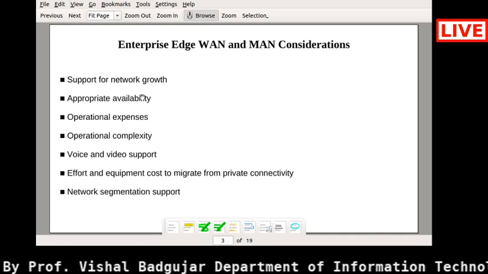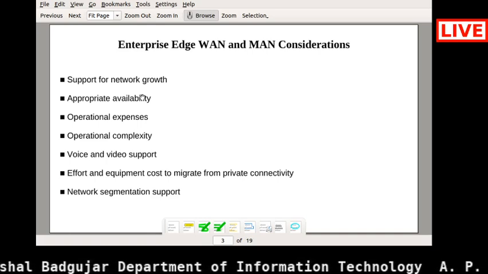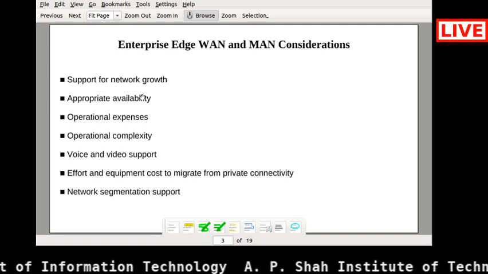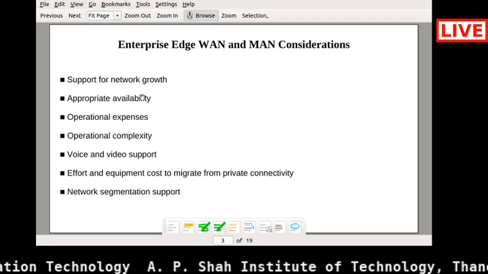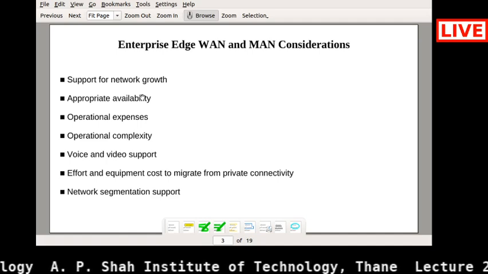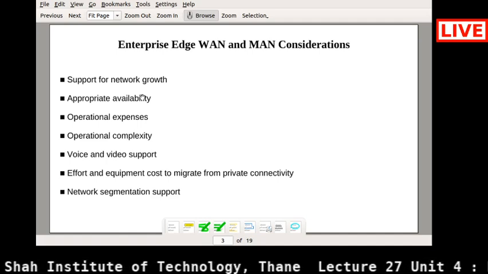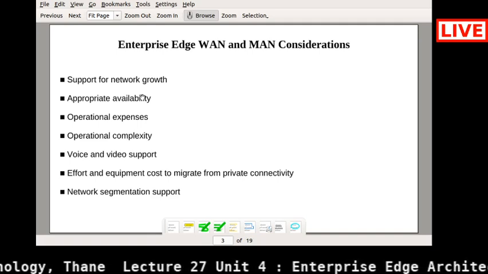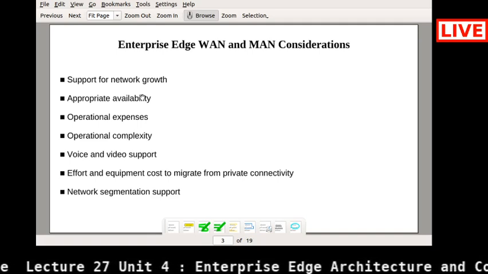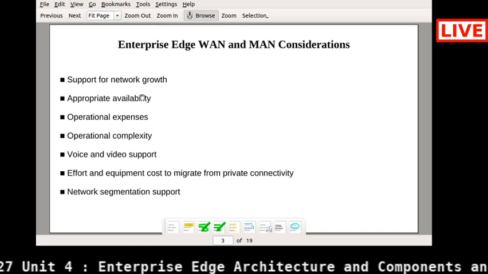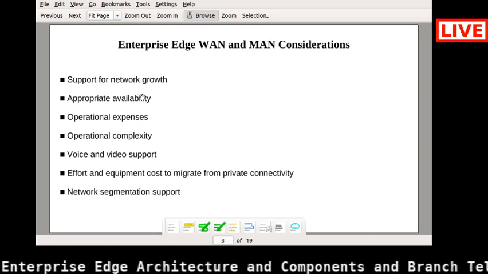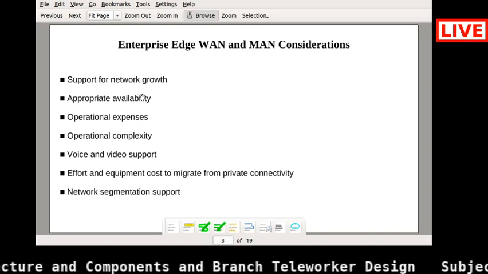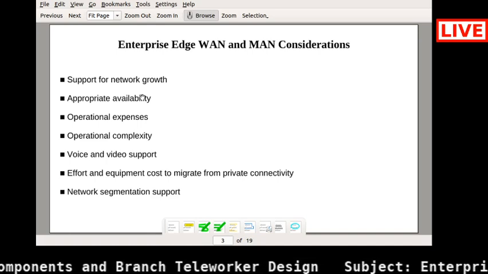If any failure occurs, you need to check how you are going to dynamically recover from that network disruption in a short time period. All these things you need to take care of with respect to the availability consideration. In that, you also need to think about backup of your power supplies and redundancies, which we have already discussed.